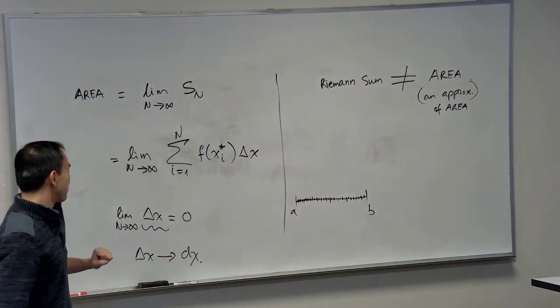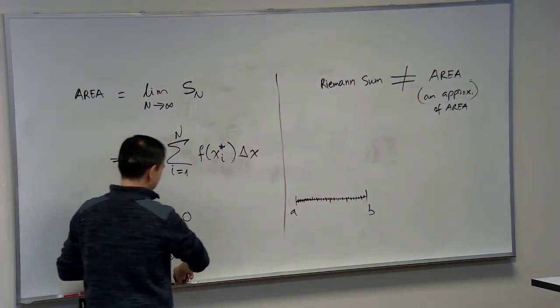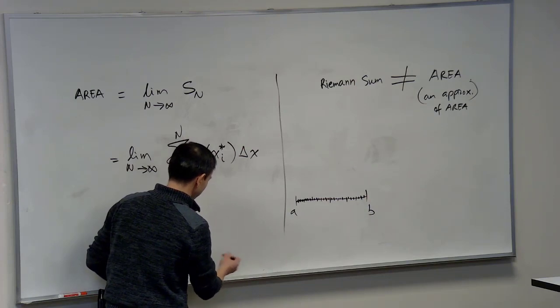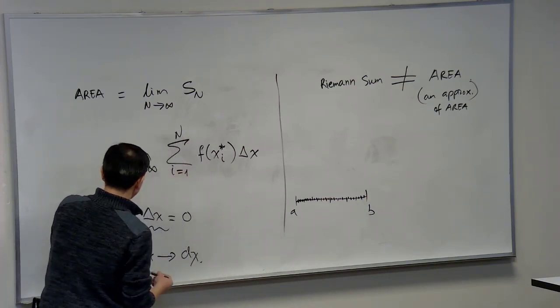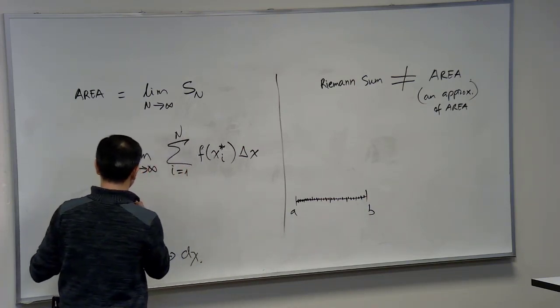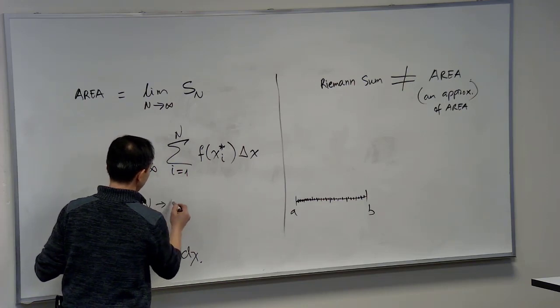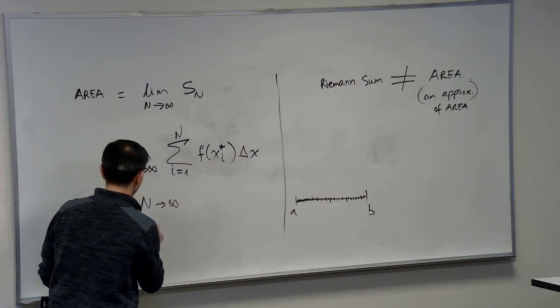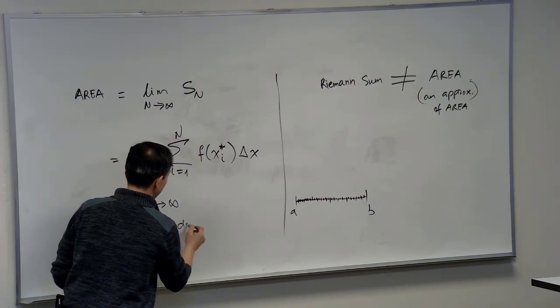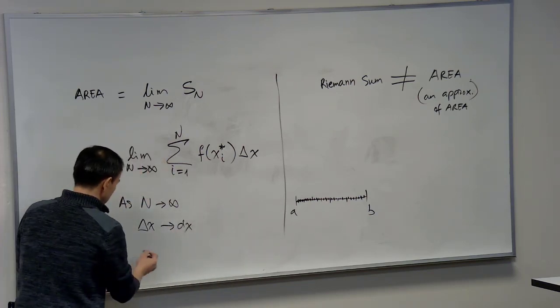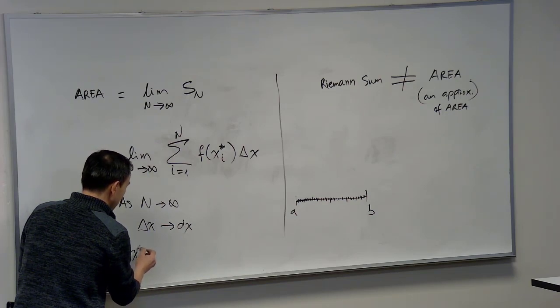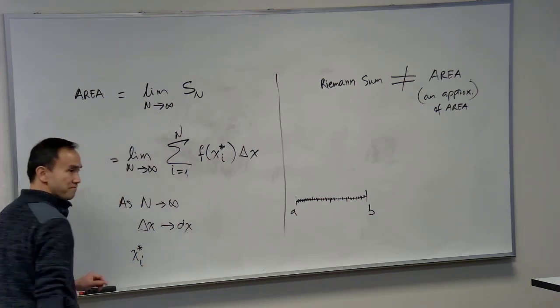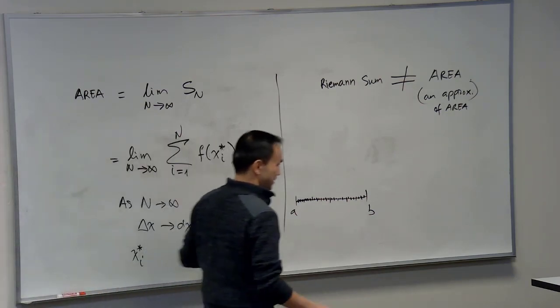You got the idea? And then further on, think about this. Another consequence here, so let me make it real clear. As n increases to infinity, the consequence here is that delta x becomes the dx. And then the sample points in each of our subintervals. Okay, let's do that in a picture again.